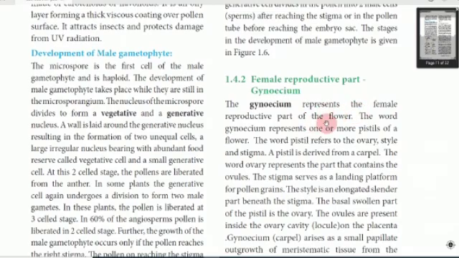Then the gynoecium is made up of one or more pistils, commonly called carpels. So the word pistil refers to the ovary, style and stigma, the three parts of a gynoecium.